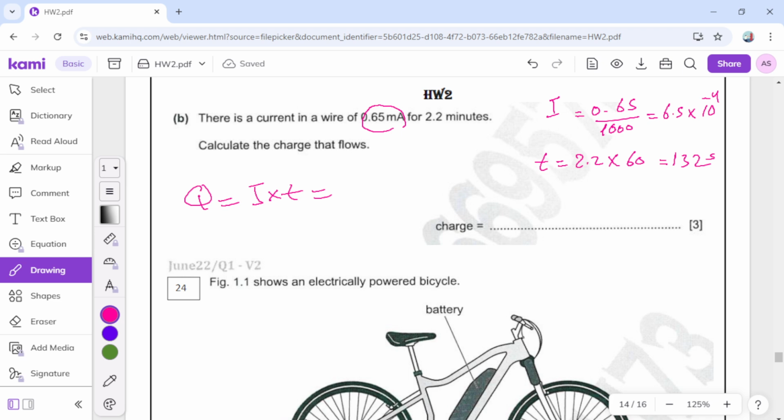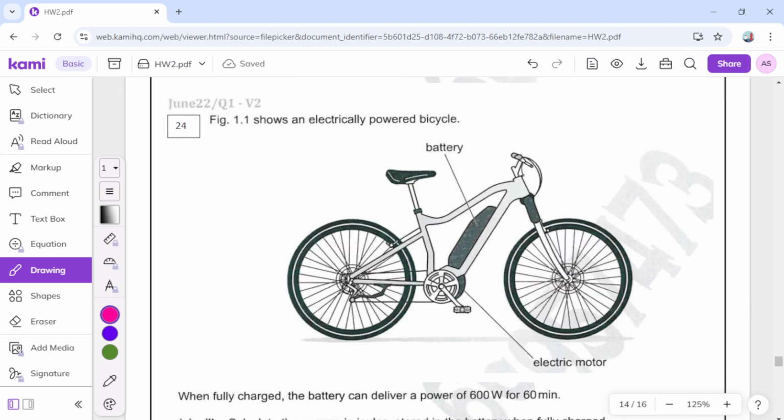So it will be 6.5 times 10 to the power negative 4, multiplied by 132. So the answer is what? 0.0858. You have to use two significant figures only. So it will be 0.086 coulomb. Let's move to the next.